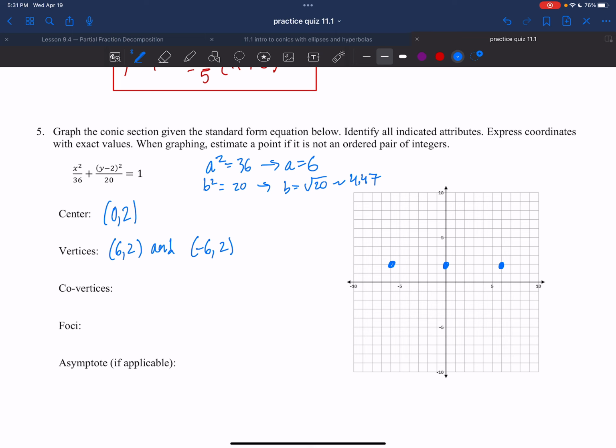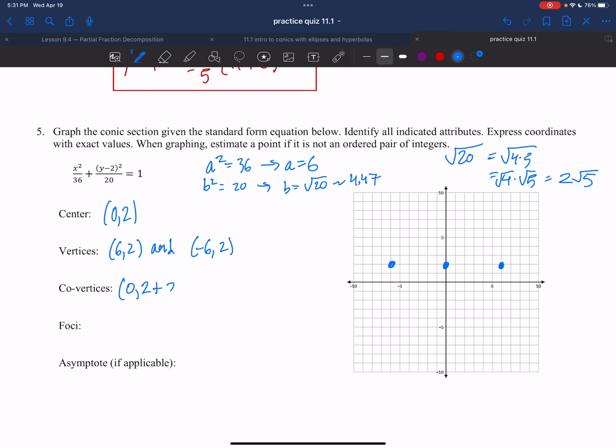So my co-vertices, because I'm going up, right, is 0, comma, 2 plus root 20, but you should write it as 2 root 5. And you say, wait, how does he do that? I say because it's 4 times 5, so that's root 4 times root 5 equals 2 root 5.